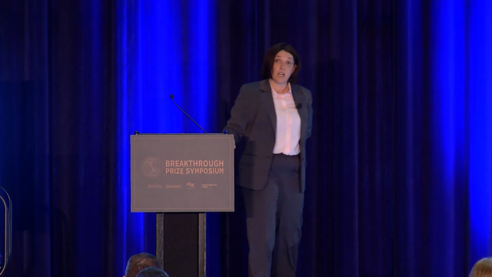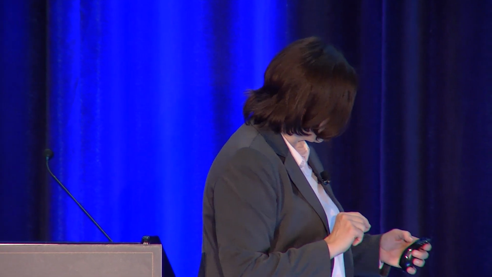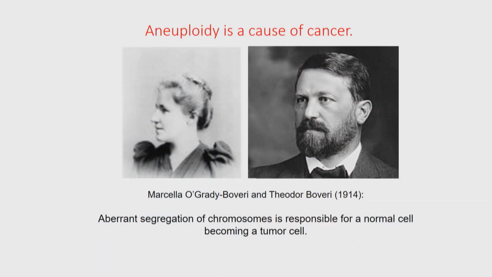In light of these numbers, it's perhaps not surprising that the very first hypothesis put forth to explain the origins of cancer was based on the observation that cancers have highly aneuploid genomes. This hypothesis was put forth by Marcella and Theodor Boveri, who in 1914 proposed that aberrant segregation of chromosomes is responsible for a normal cell becoming a tumor cell.